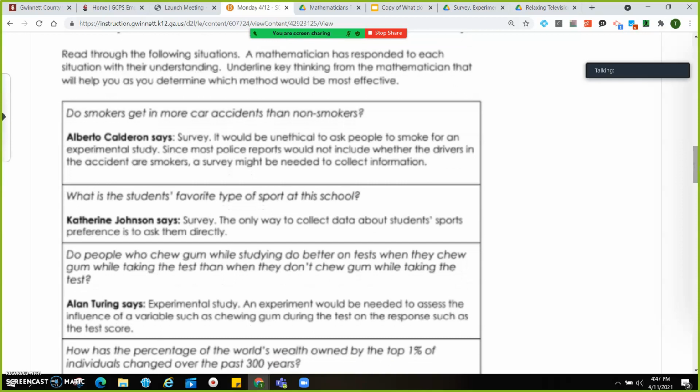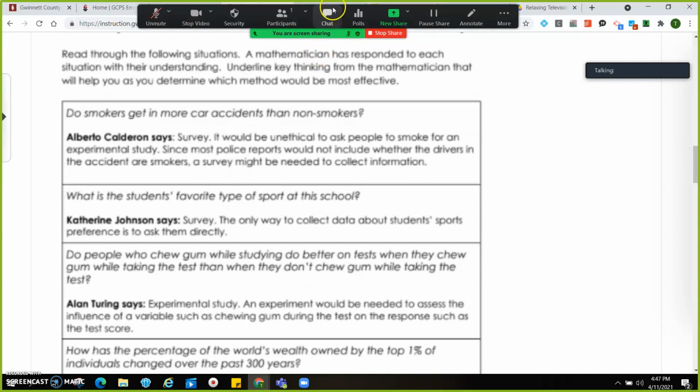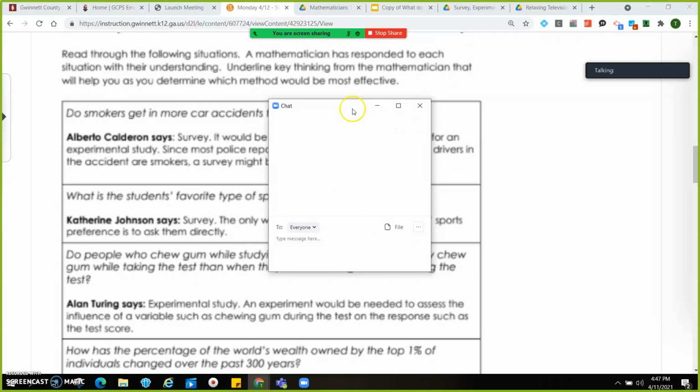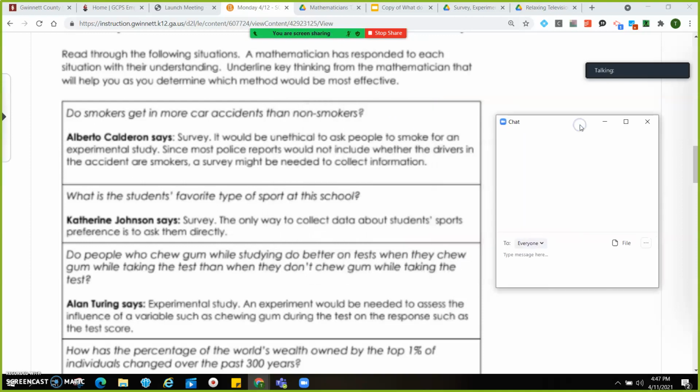The first thing that I'm going to do is go over what exactly each word is. A survey is a set of questions given to people to seek their responses.